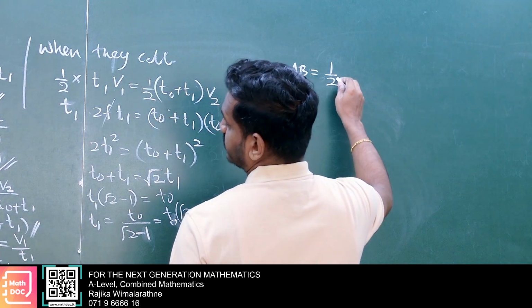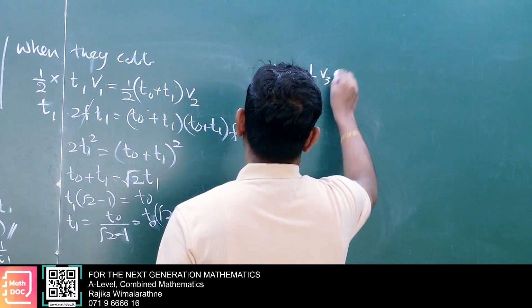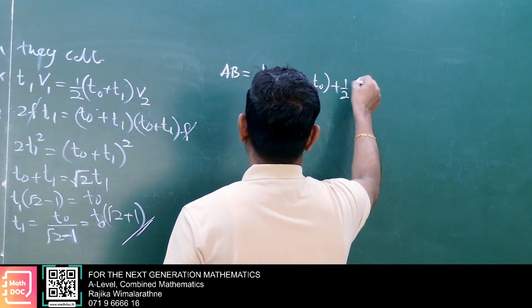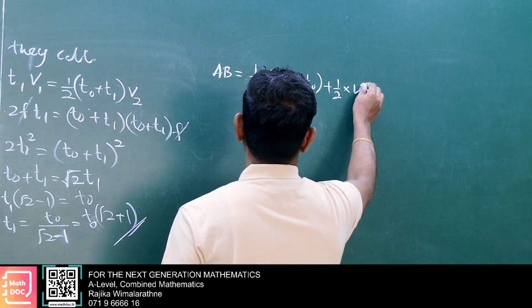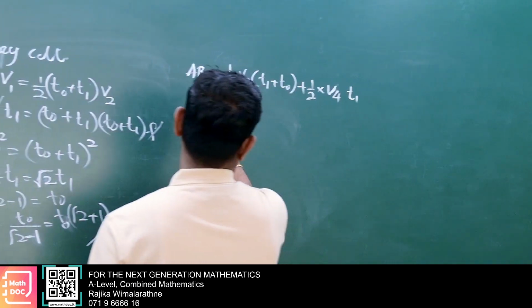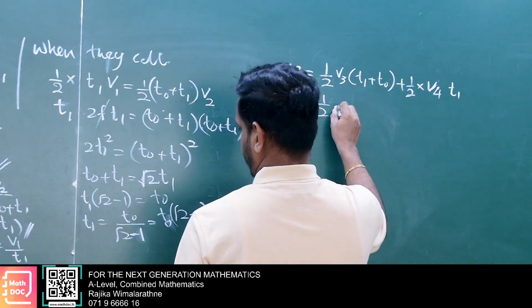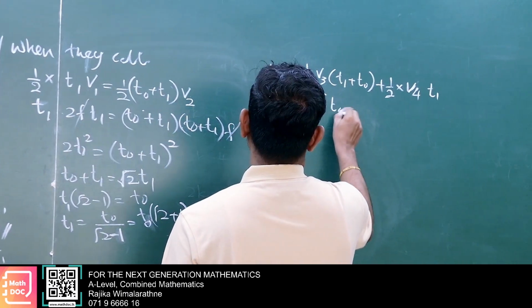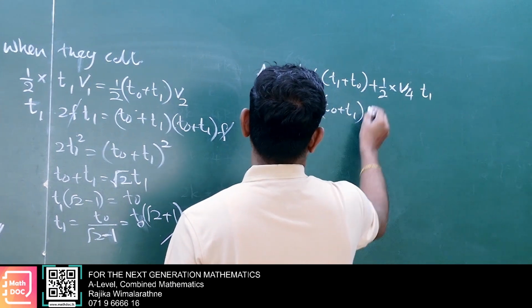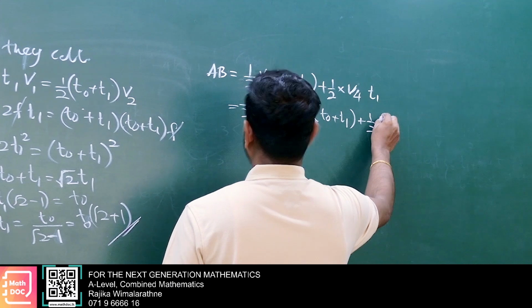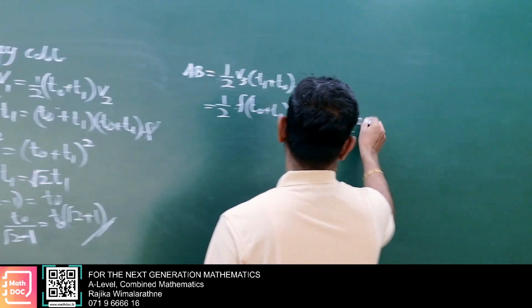Half into V3 times T1 plus T0, plus half into V4 times T1. V3 is F times T0 plus T1, and V4 is 2F T1.